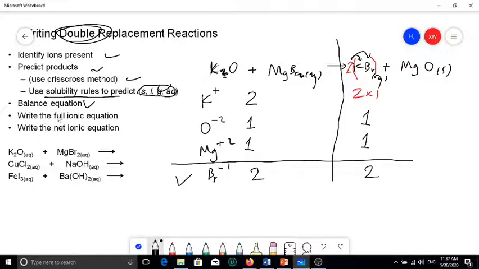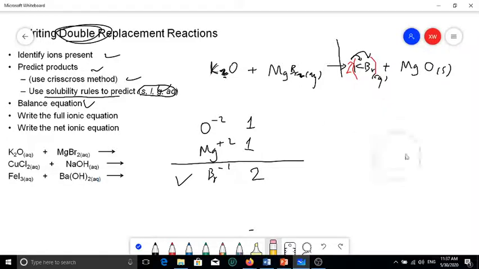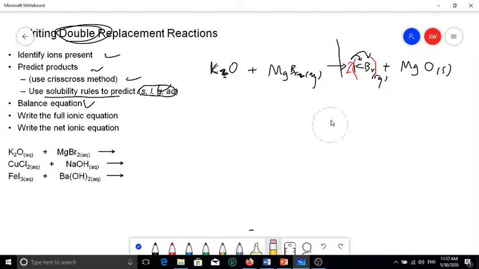Okay, now write a full ion equation. What does that mean? Same thing, we make more space here by erasing all of these. Let me rewrite this.